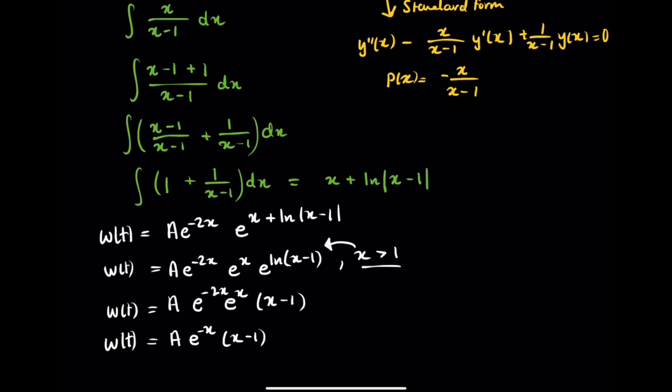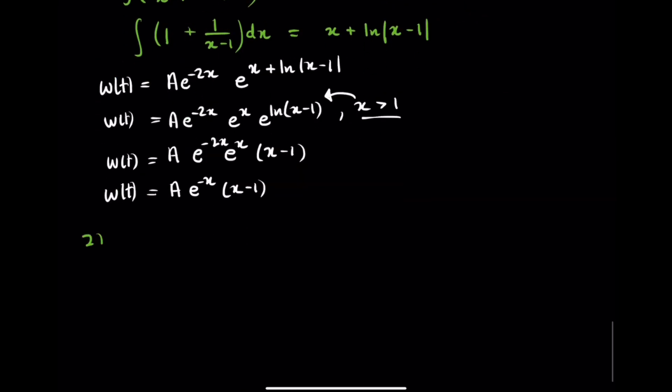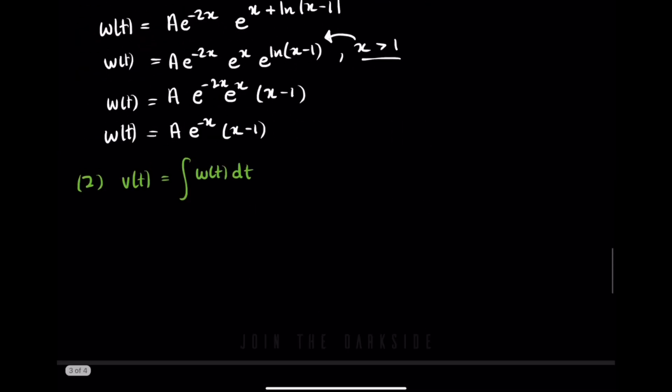Your next step, step 2, is to find v(t), which is the integral of w(t). So v(t) is equal to the integral of w(t) dt. I'm just going to bring this to a new page.